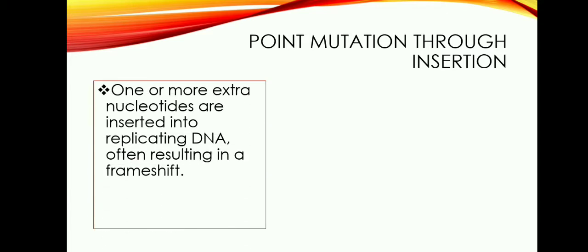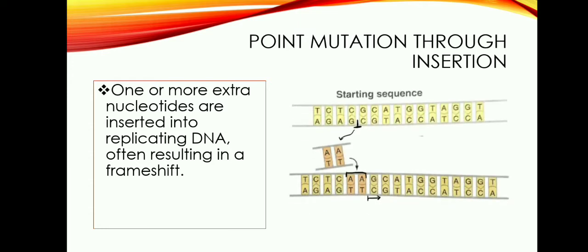Point mutation through insertion. In this process, one or more extra nucleotides are inserted into replicating DNA, often resulting in a frame shift. Insertion is the opposite of deletion because here one or more extra nucleotides are being inserted during replication.